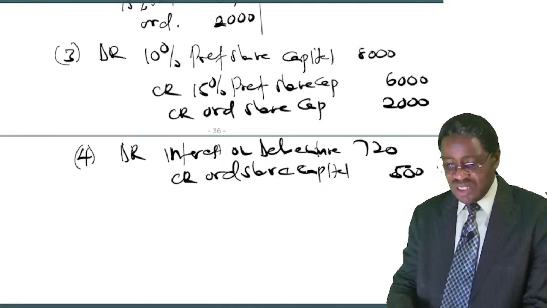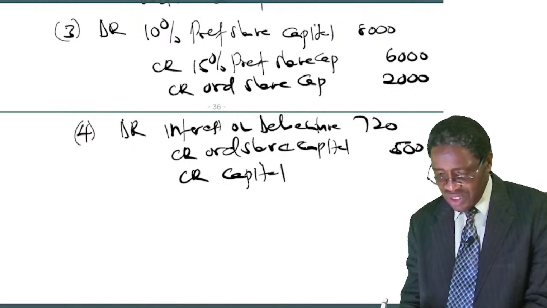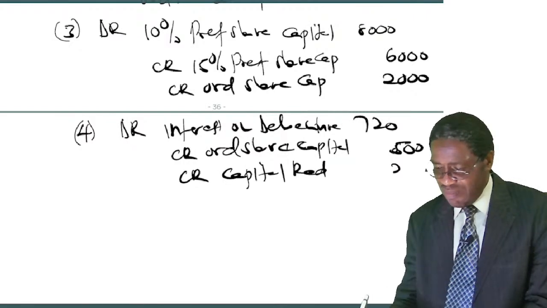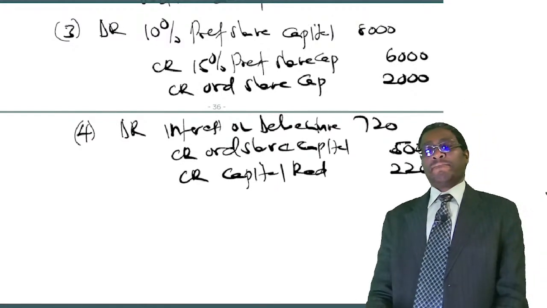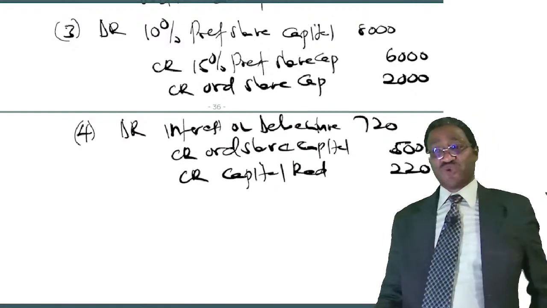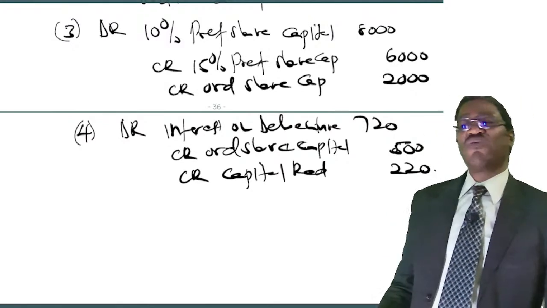Then you credit capital reduction by the balance of 220.